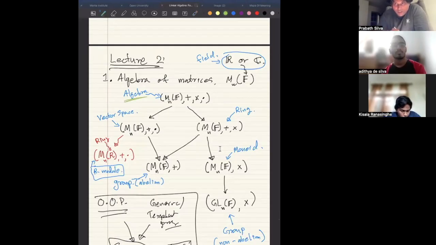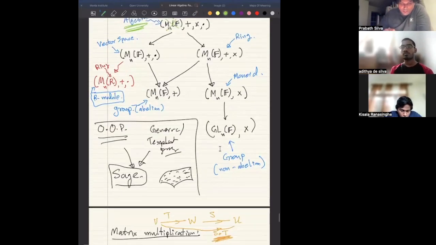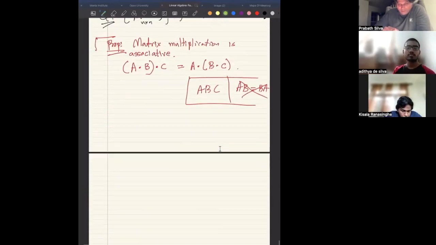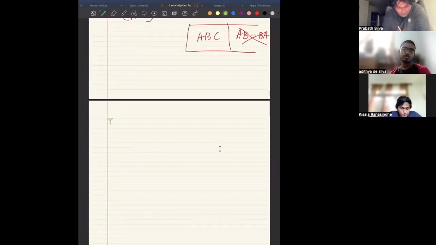So an algebra, for example, is some set A with two binary operations and a scalar multiplication. The matrices are going to be just one example of an algebra. Let me give you a totally different example.